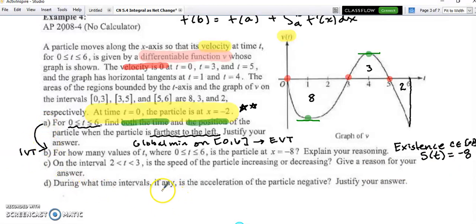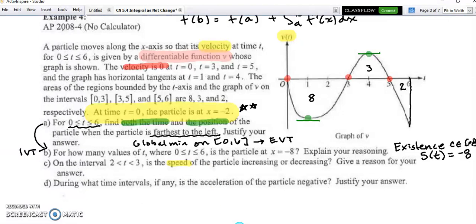All right, now let's look at C and see what C is asking. On the interval from 2 to 3, is the speed of the particle... Let's highlight that because that's important. We're not talking about velocity, we're talking about speed. Is the speed of the particle increasing or decreasing?